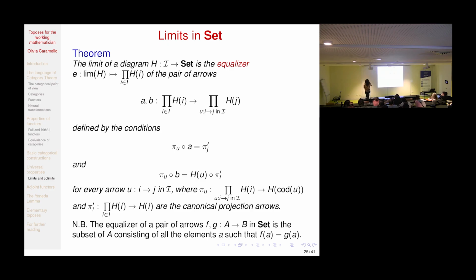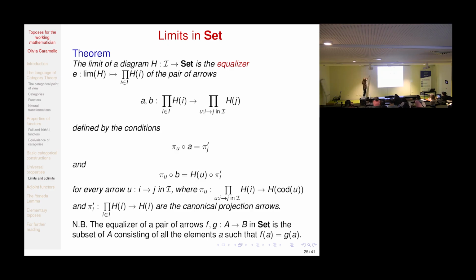We first consider these two big products. And we realize that there are two canonically defined arrows between them, which are specified by the universal property of these products.